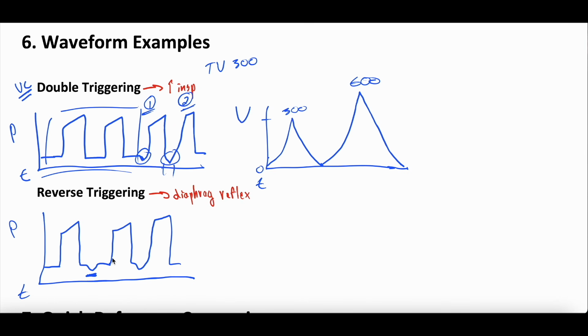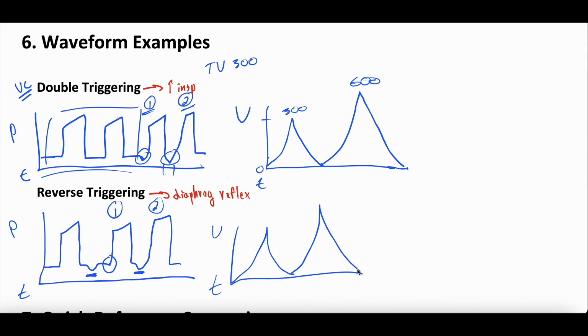So you don't have the initial, there's no initial patient effort. You see this kind of reflexive patient effort right after that sometimes will trigger a second breath, breath 1, breath 2, and it sometimes won't. And volume scalar would look the same, volume and time. Normal breath, as we did. Abnormal breath, twice as high, right? 300 cc's, if that's what you set the tidal volume at, compared to 600.